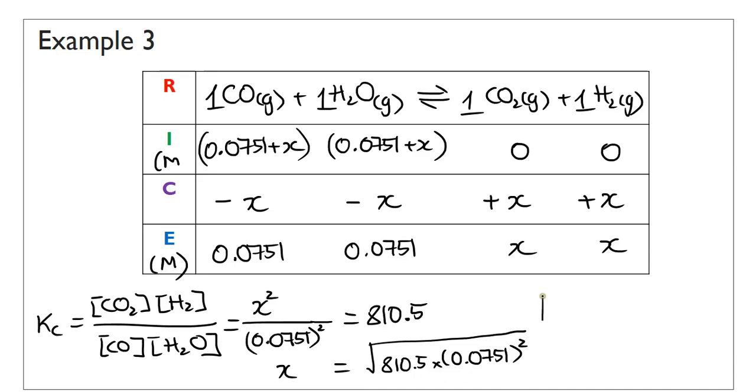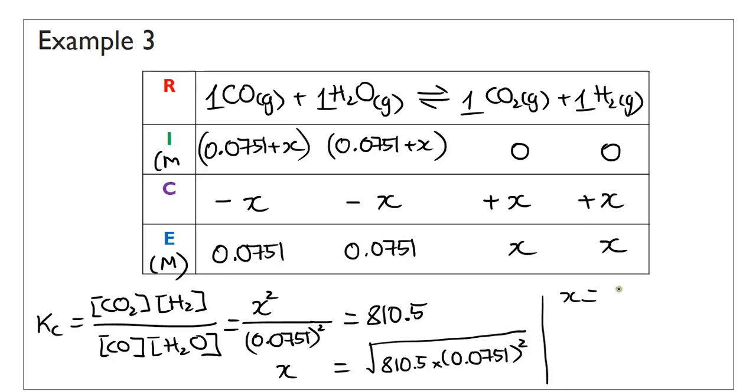So x would equal, I'm just going to put this in the calculator, 810.5 times 0.0751 squared.